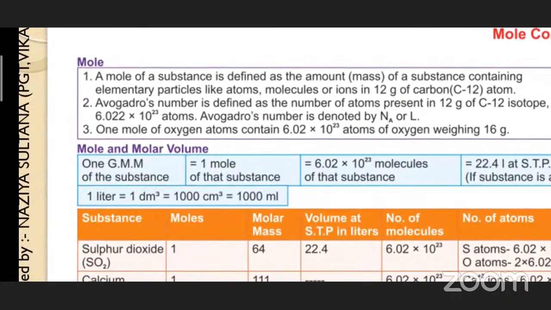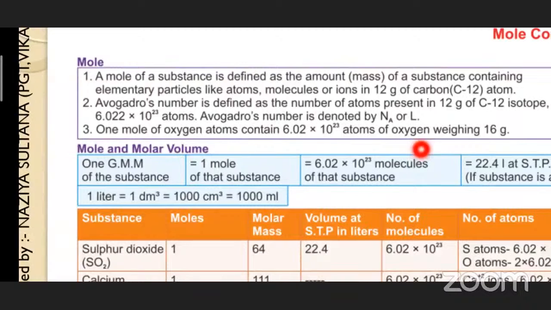Similarly, one more example. 1 mole of oxygen atoms contains 6.022 into 10 to the power of 23 atoms of oxygen weighing 16 grams. Yesterday I told you to learn the atomic weights of the first 20 elements.